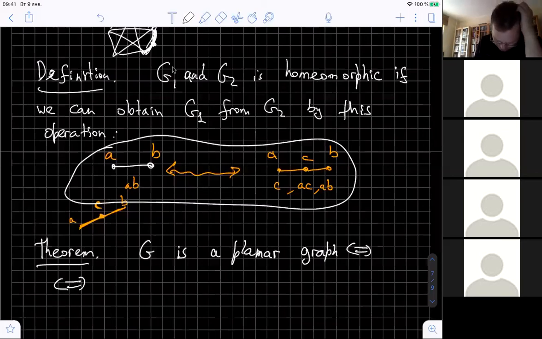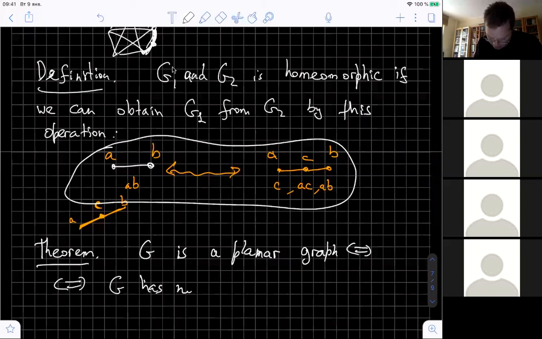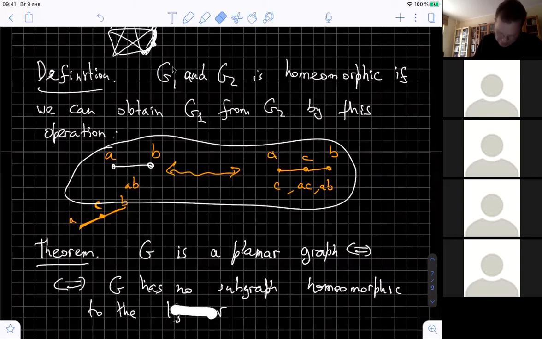So G is not homeomorphic. Maybe I can write this like: G has no subgraph homeomorphic to K5 or K3,3.